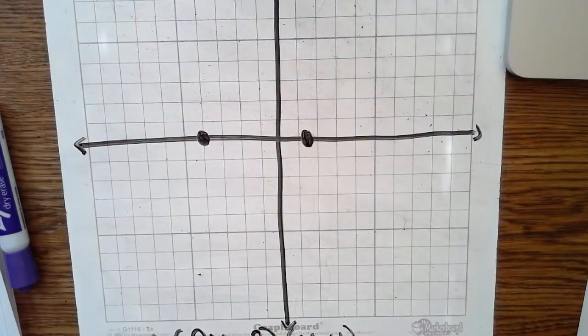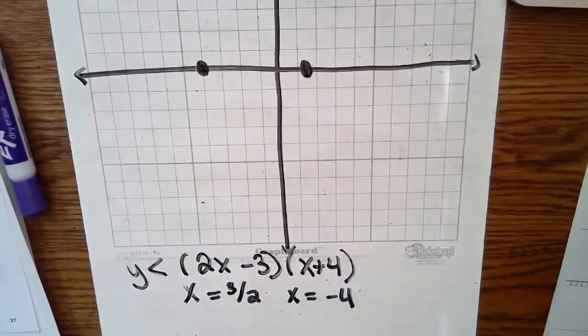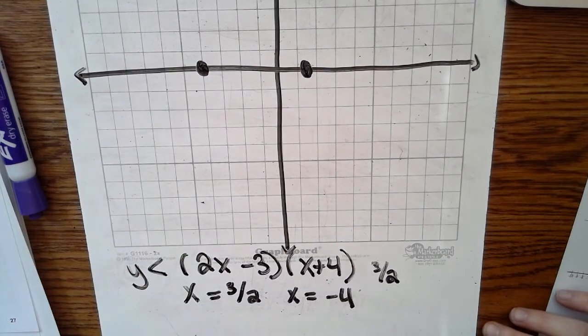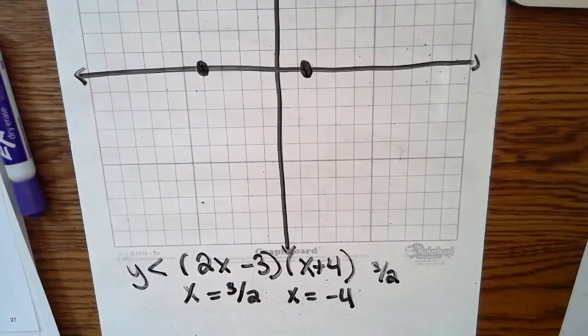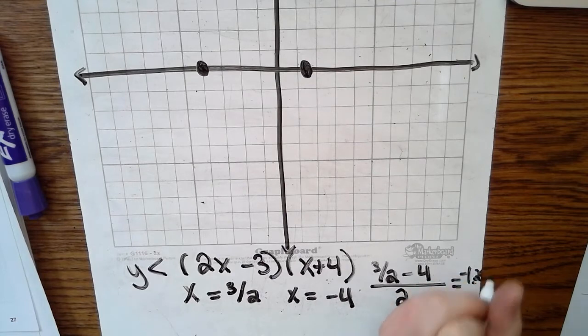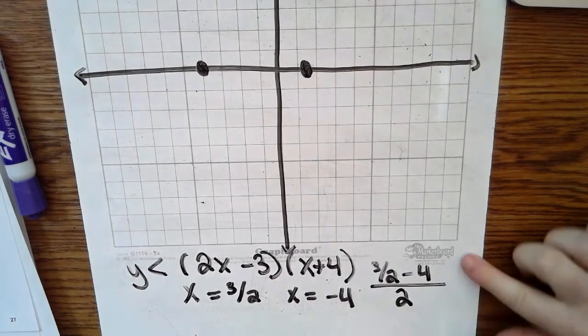And to find the middle of them, we're going to do 3/2 minus 4 because we're trying to find the average. And then you get negative 1.25 as the x value. Whoops, I'll write that more clearly.